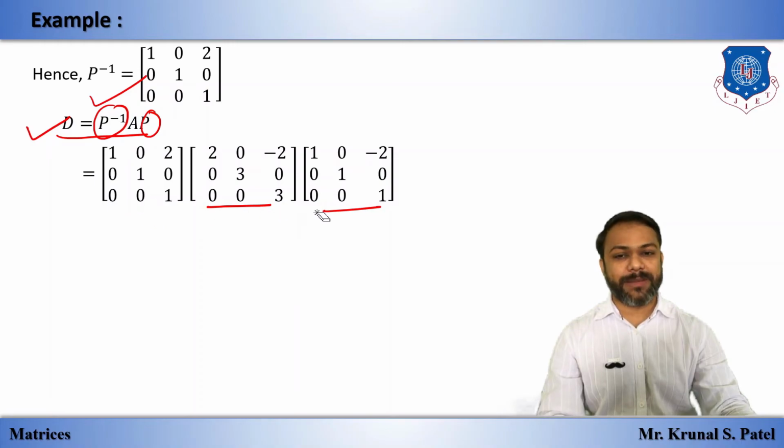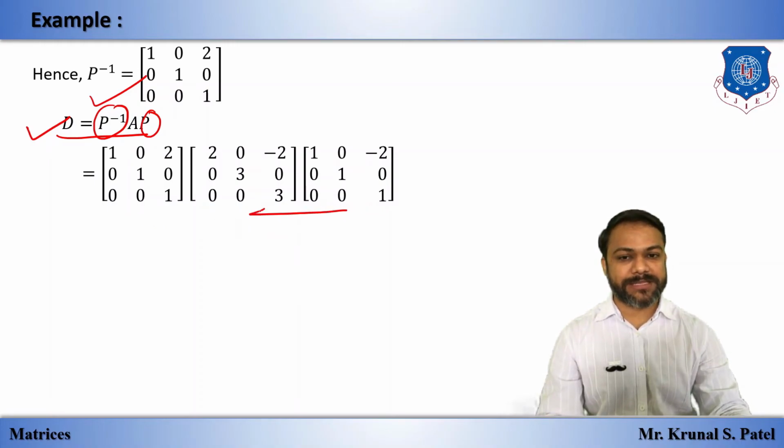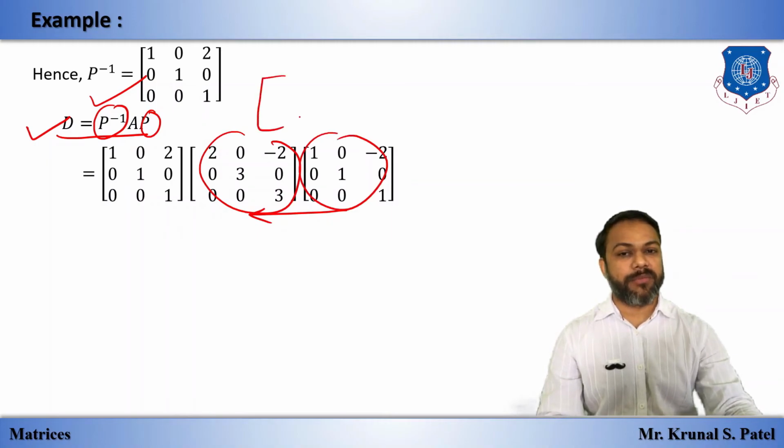Now multiply these 3 matrices. First we multiply these 2 matrices and get one answer.